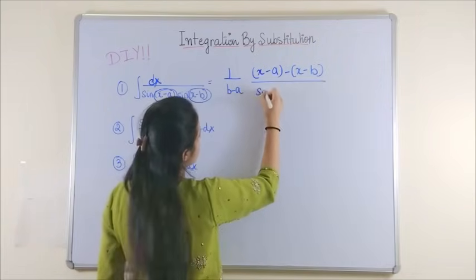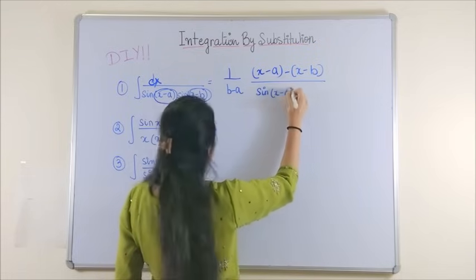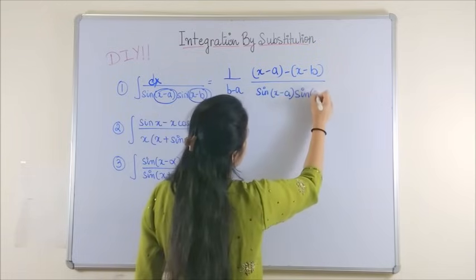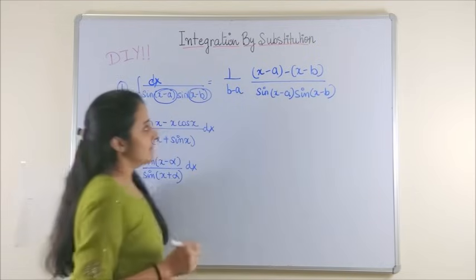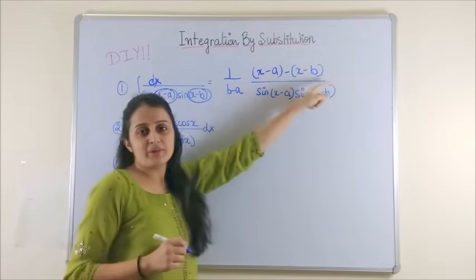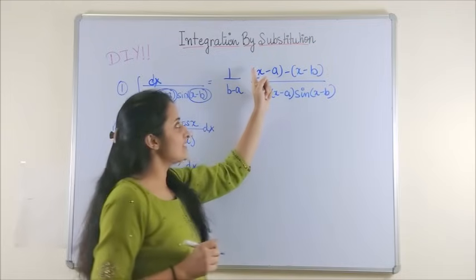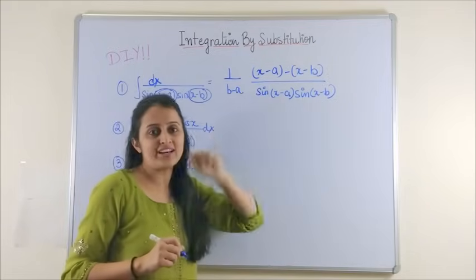And in my denominator we have sine of x minus A into sine of x minus B. Now you know this expression doesn't work if it does not have any sine or cos attached to it.